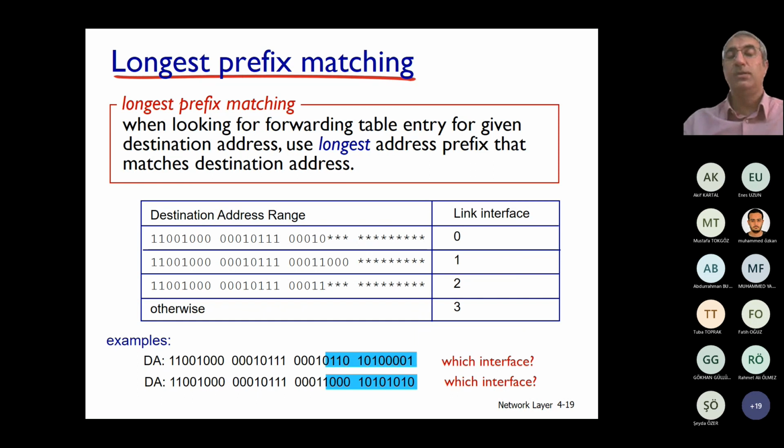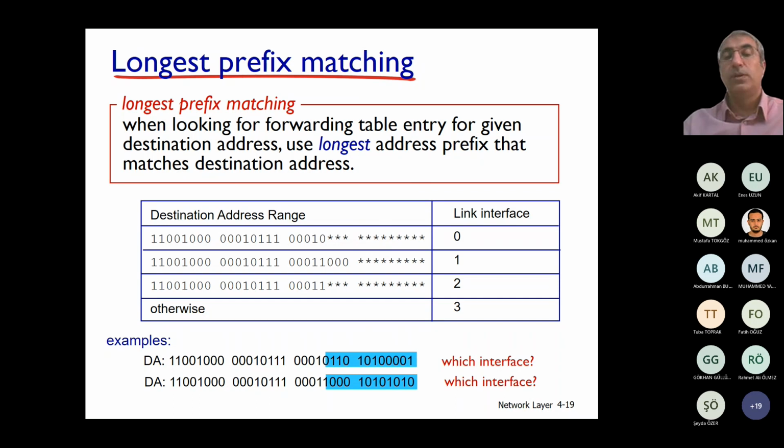So the next question is, how do we match the IP address in the header to this range in the forwarding table? One of the common methods is called longest prefix matching.